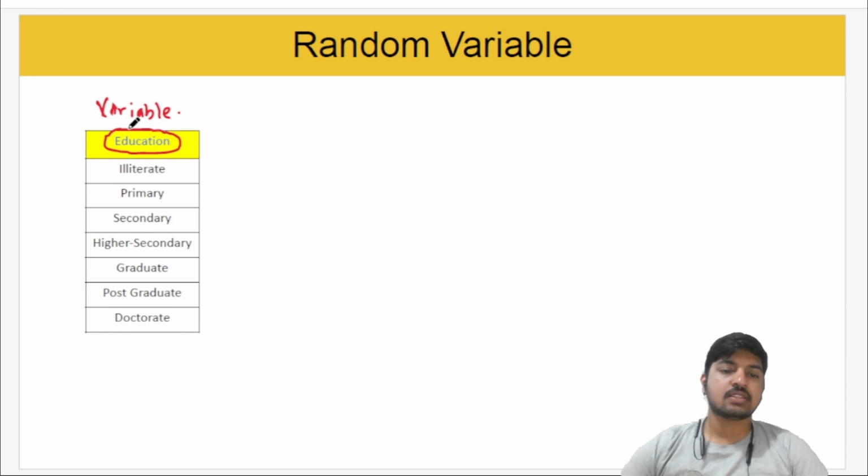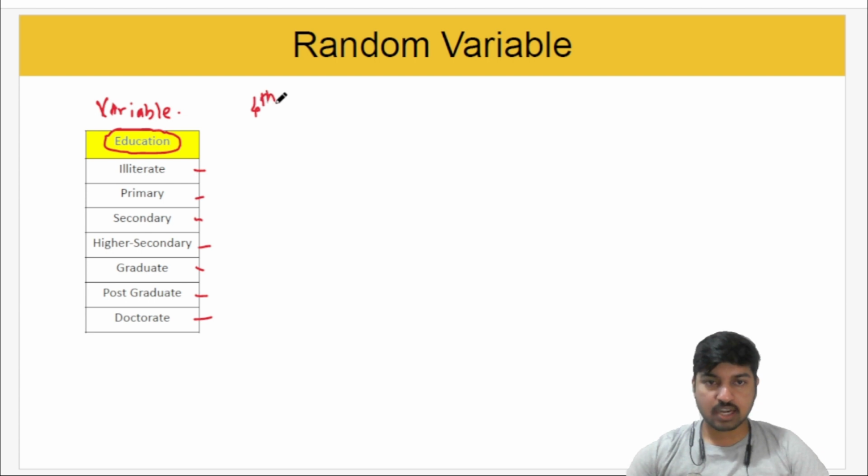You have collected the data, so you have made some categories for education: illiterate, primary education, secondary education, higher secondary education, up to graduate level, postgraduate and doctorate level. Suppose a person comes and tells you that I have studied only up to 4th standard, then you might write in your survey as primary.